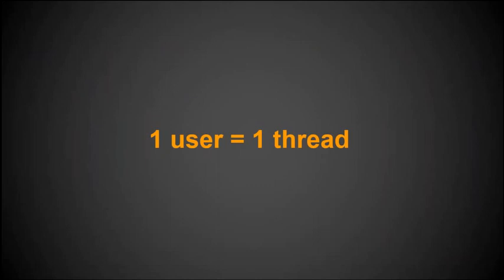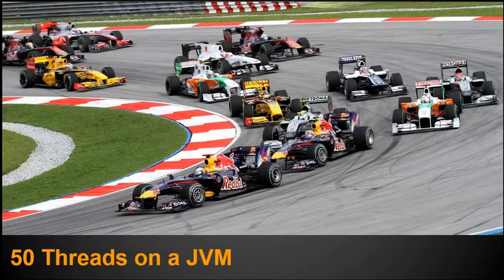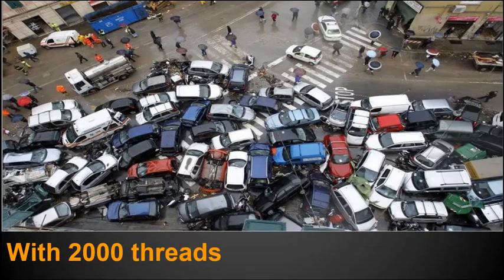When you have 50 threads on the Java virtual machine, yes, your tool which is doing performance testing will run seamlessly. There's no problem at all. But what if there are 200 threads? These are the major issues we have with Java.